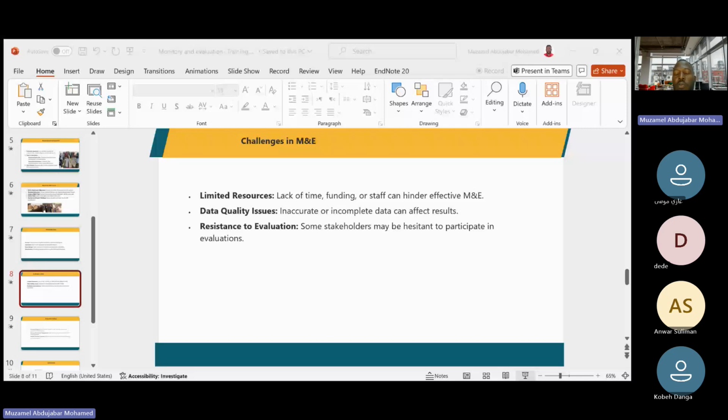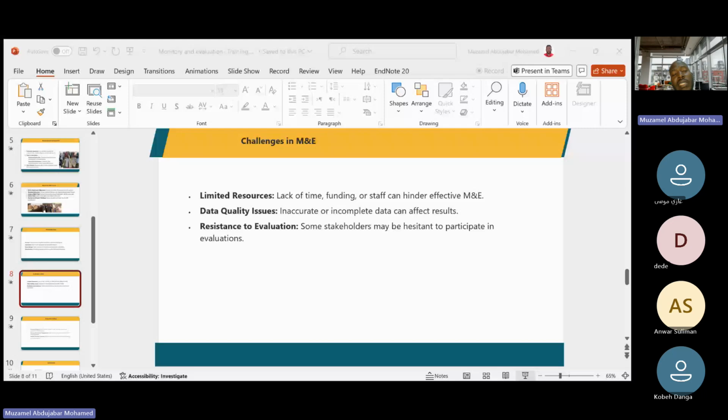Sometimes the report is not complete and some data is missing. When some data is missing, it is difficult for you to do good monitoring and evaluation. That's why it's very important to have accurate and complete data during the collection of the program.